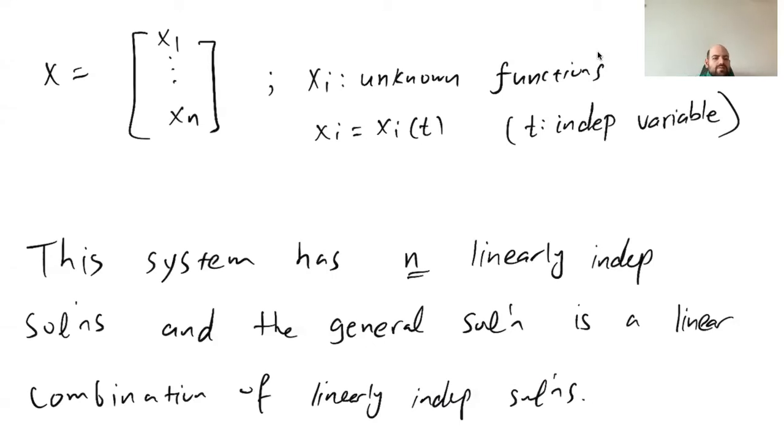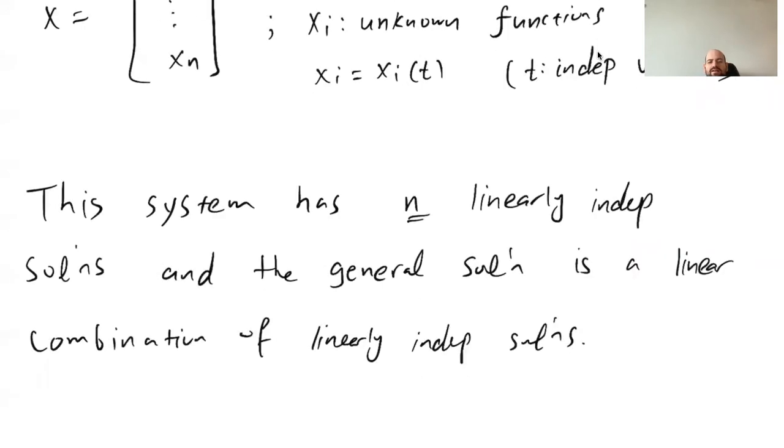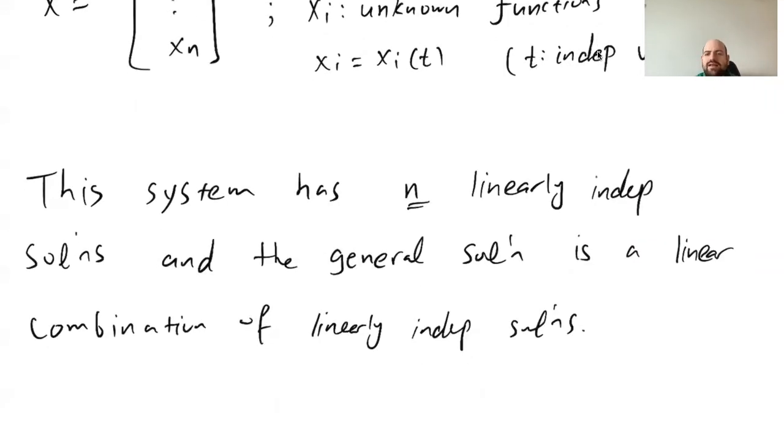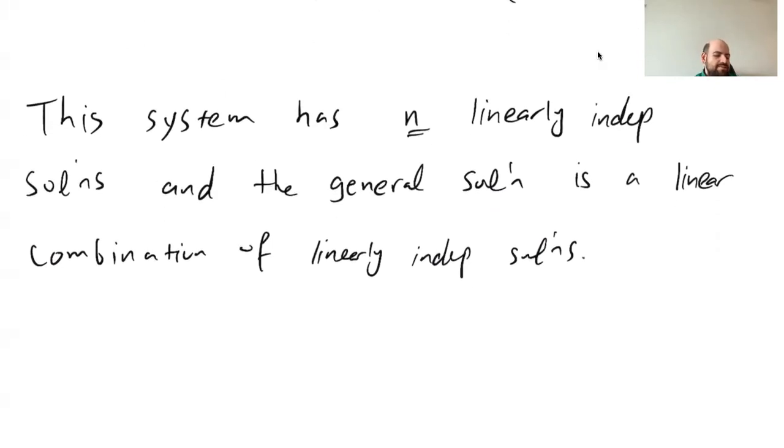Now, we saw a recipe to find linearly independent solutions in at least one particular case, where the matrix A has n distinct real eigenvalues.